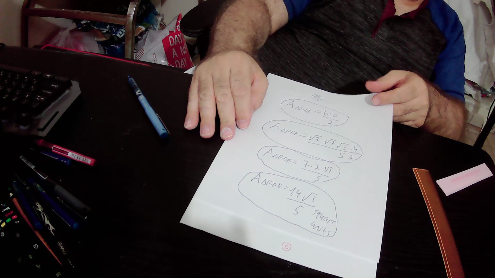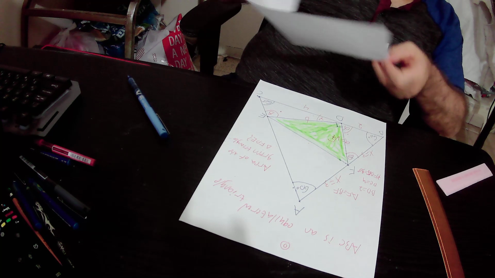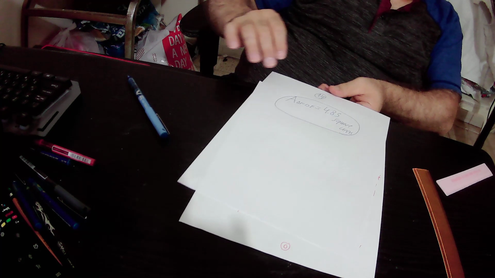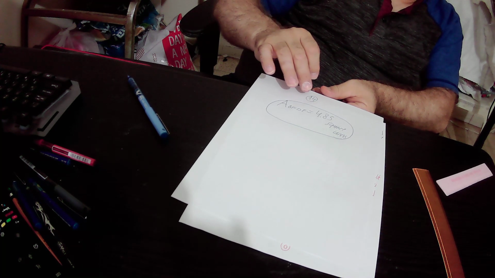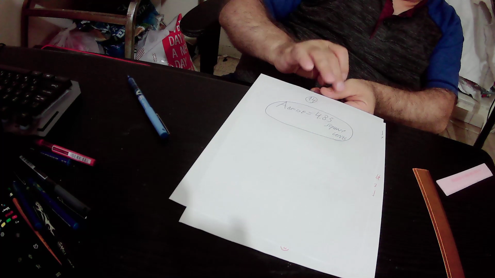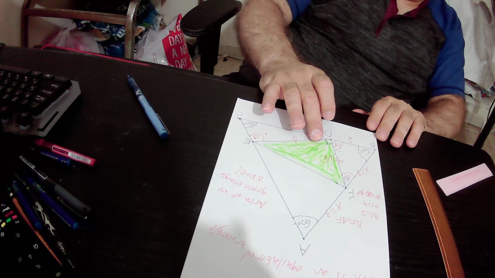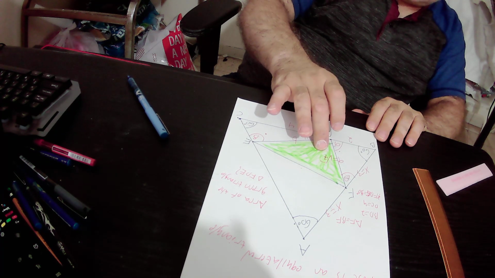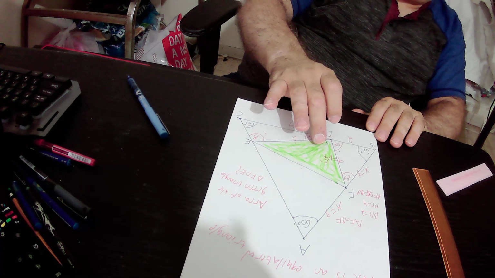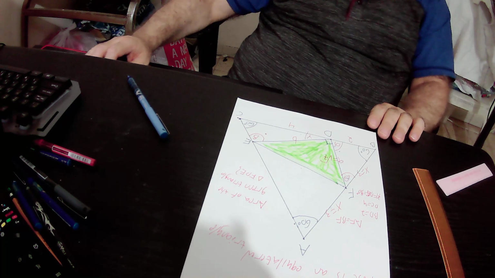Or in terms of numbers, the area of the green right triangle FDE equals 4.85 square units. Again, the area equals 4.85 square units. Okay, thank you very much.